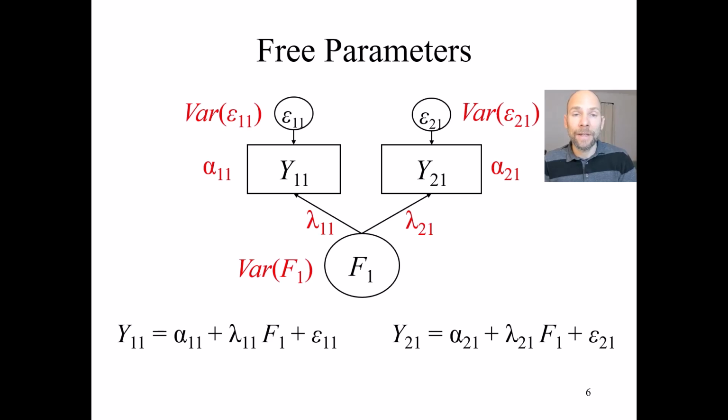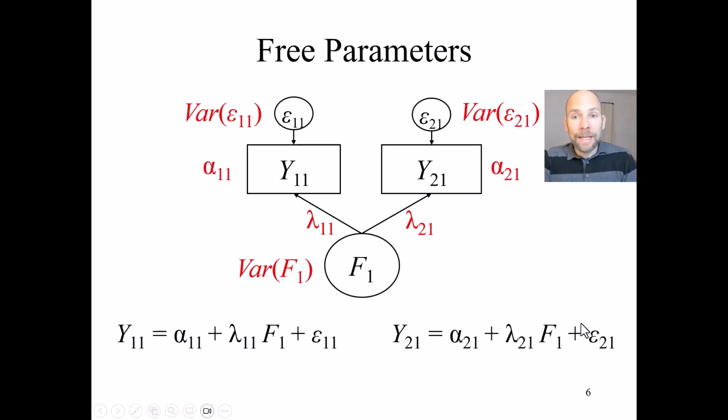So we have the factor variance and we have the error variances, and so we can partition the variance of the observed variables into true score variance and error variance, and that's one of the key features of confirmatory factor analysis, that it allows for the separation of the observed variance into true score and error variance.